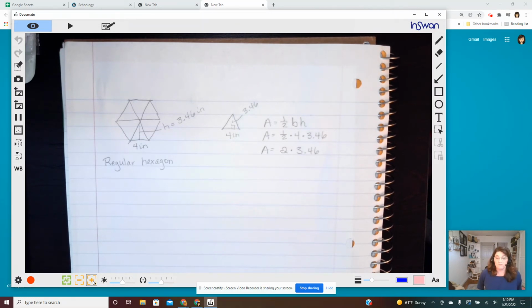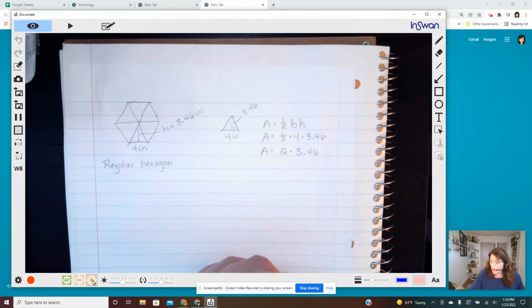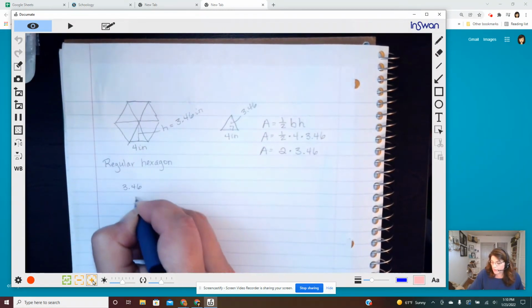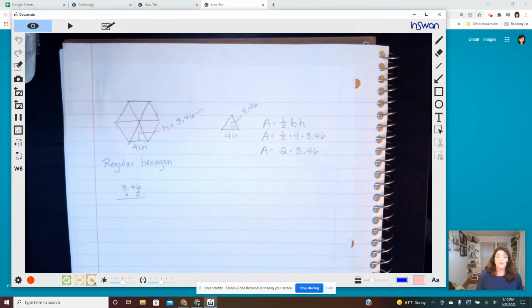Now, 2 times 3.46 is possible in my head. I've done it with enough practice, but it is unwise to not at least double check your work. So I'm a firm believer in side work. Go over here and do the work. You will have teachers along the way who don't like that. Use a piece of scratch paper for it then. But please do it.